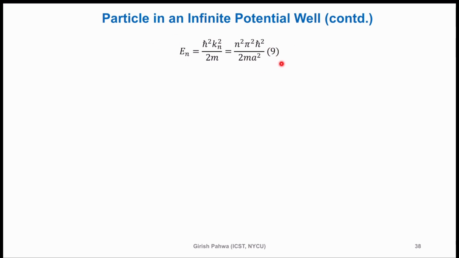So in this case, energy eigenvalues are discrete, contrary to the free particle case where E was continuous. Why is this discrete? What was the main reason? Where did we change? I mean, the Schrödinger equation looks the same.